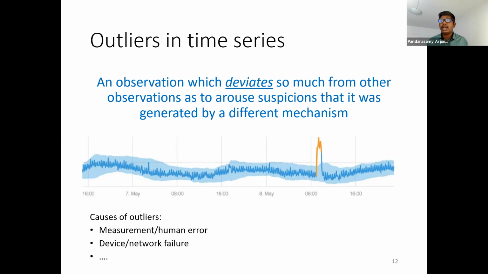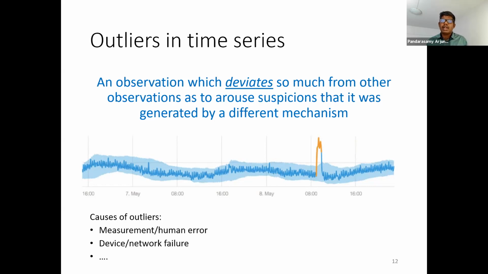Probably a measurement error or human error, like people typing some wrong information. For example, if some person is collecting weather information and mistakenly types a wrong temperature, that could be an anomaly. Or the devices or the networks that we are using to collect this time series data got failed. In that case also we might get this kind of anomalies.